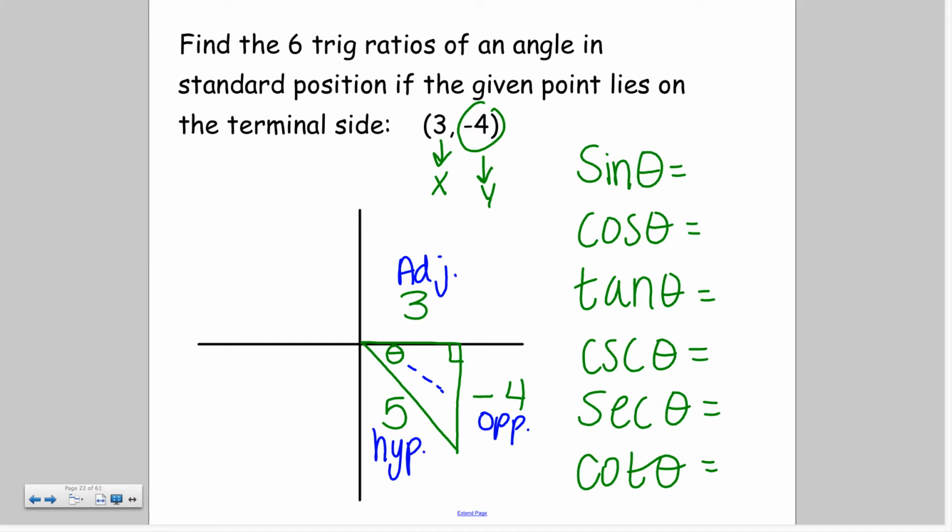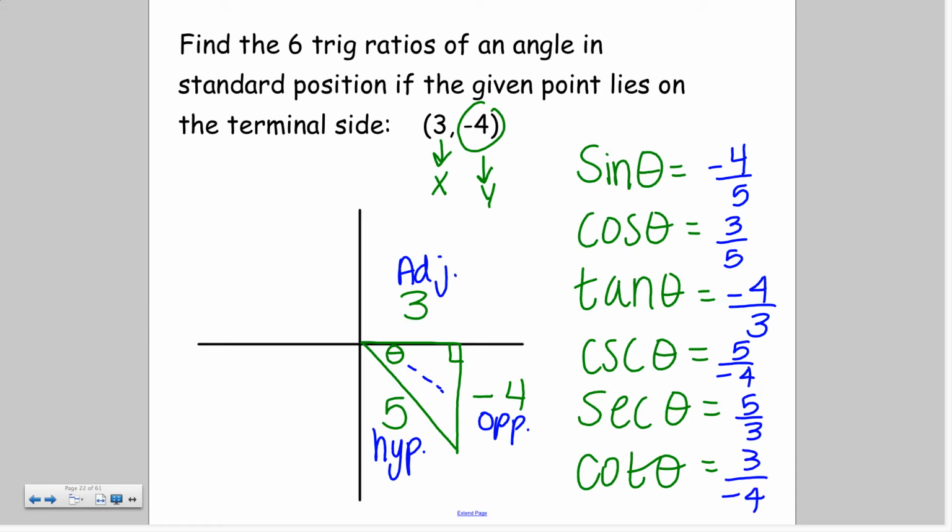So sine, opposite over hypotenuse, is going to be -4/5. Cosine, adjacent over hypotenuse, 3/5. And tangent is opposite over adjacent. Now we're just going to flip them all over: 5 over -4, 5 over 3, and 3 over -4.